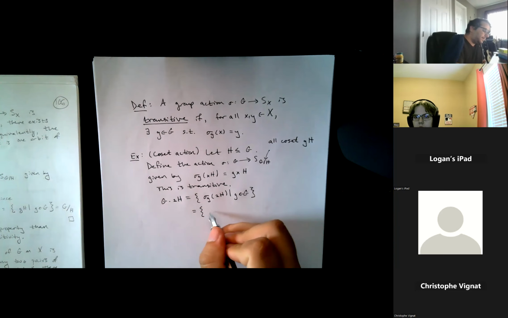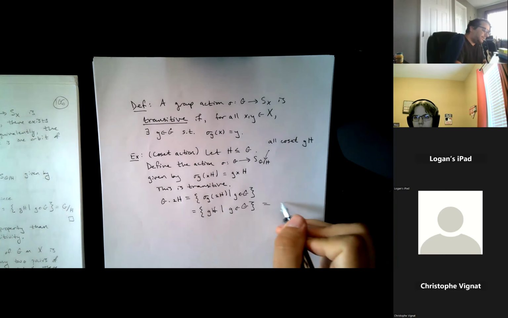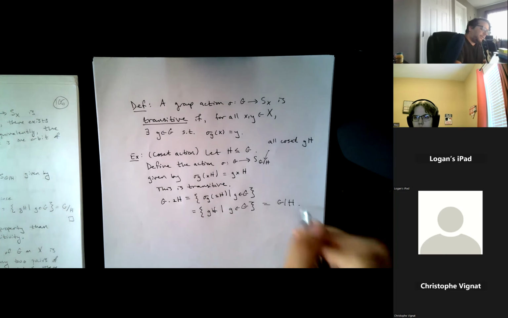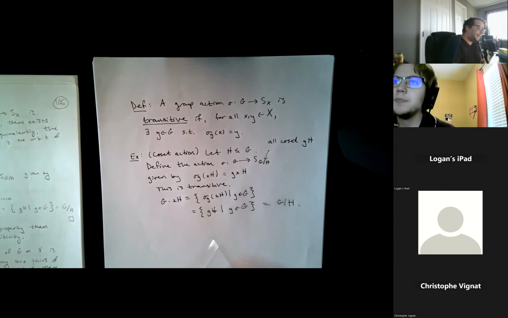This is just gH such that g is in G. And this is none other than the set of all cosets. So we've shown that there's only one orbit, right? We know that these things partition the set, so any other orbit will be equivalent to this one. Okay, so that shows that this action is transitive.